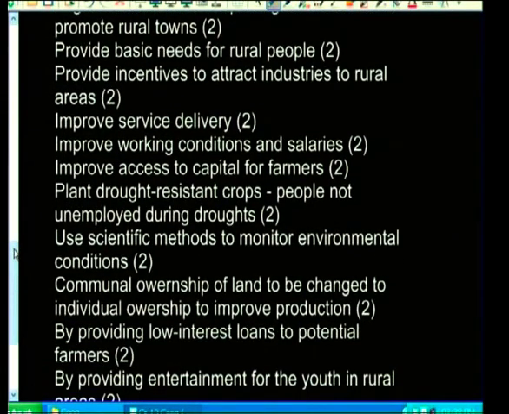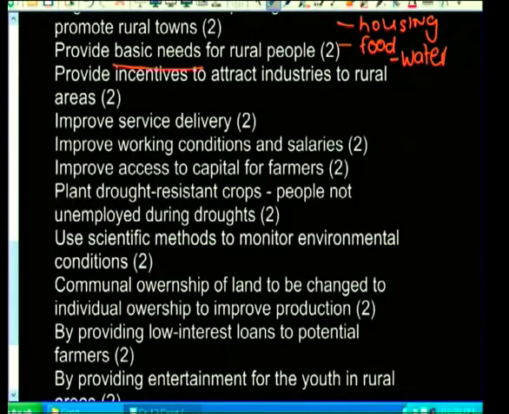Provide basic needs for the rural people. When we talk about our basic needs, we're talking about housing in the form of shelter. We're talking about food, and we are referring to water.